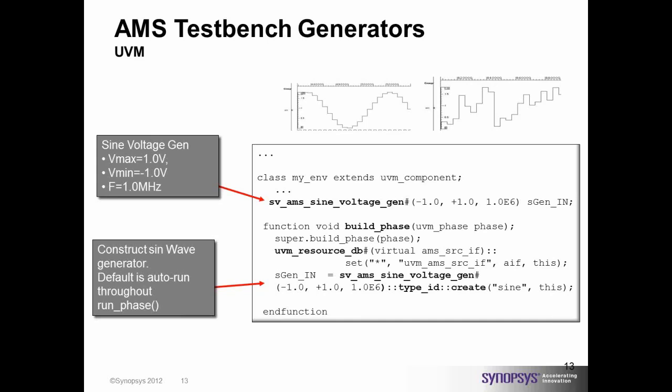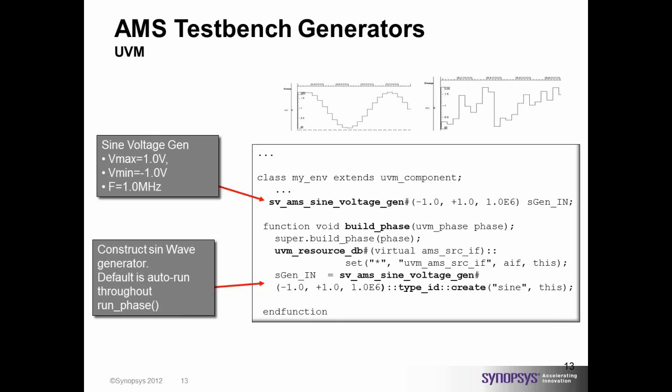So as you can see, all the methodology specific stuff is aligned, and then it will start automatically running throughout in the run phase, right? So this is again a component. The generator is a component extended from UVM component, but now it's capable of generating these real values which will look like a sine wave. Similarly, we have capabilities of generating square waves and sawtooth waves.